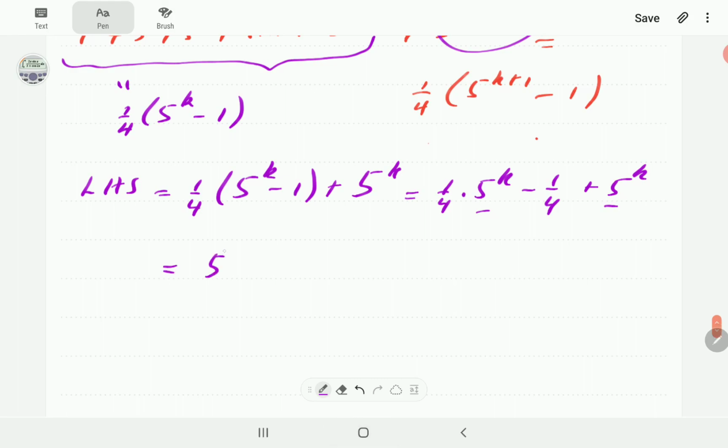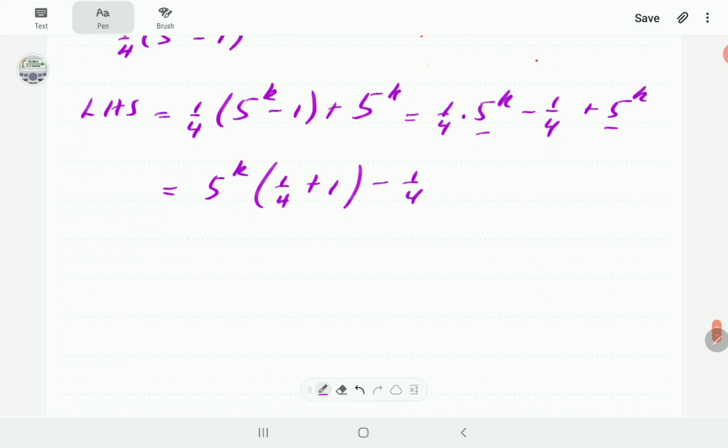So if we factor out 5 to the power k, we're going to have 1 over 4 plus 1 here. And then 1 over 4 plus 1 is 5 over 4. So here we're going to have 5 over 4 times 5 to the power k minus 1 over 4.